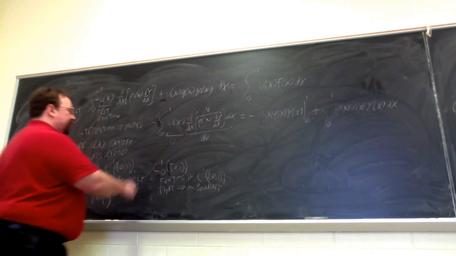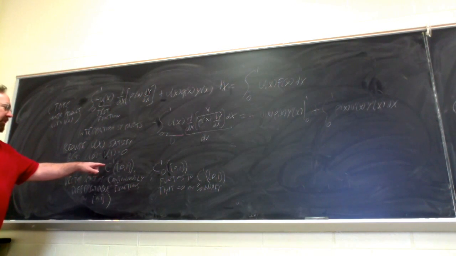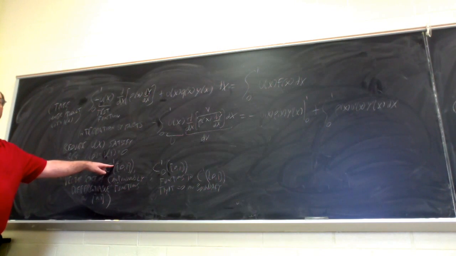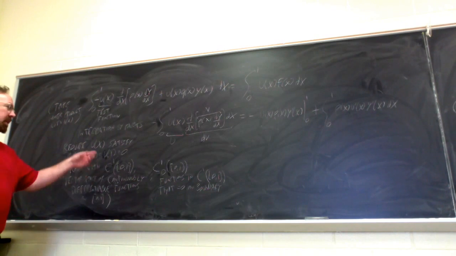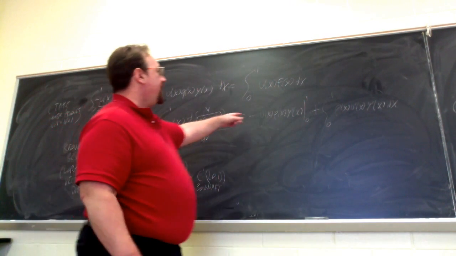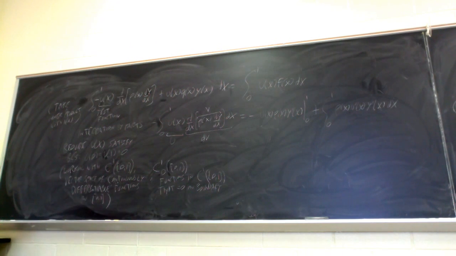That's where the subscript of 0 comes from. It's very common, if you use the space C of a domain, that's all continuous functions. If you put a superscript here as a number, that indicates how many continuous derivatives the functions have. We only need one in this case because now we only have first derivatives. It's a second order differential equation for y, so you'd need a second derivative, but now we don't anymore.